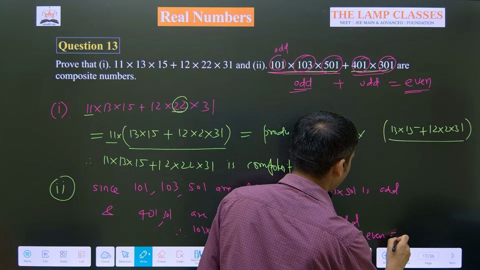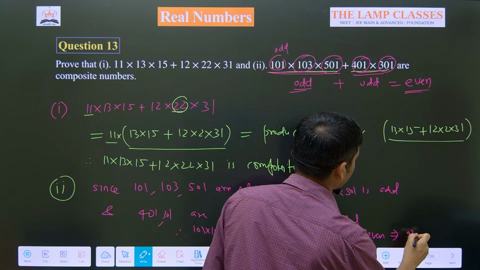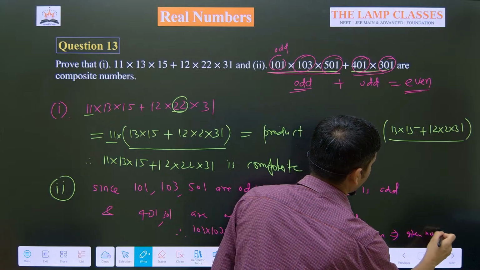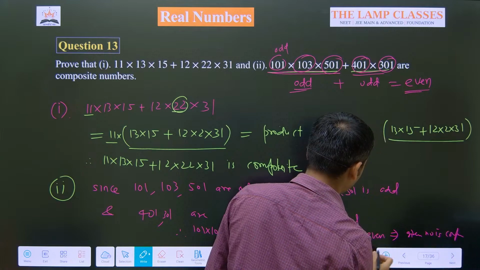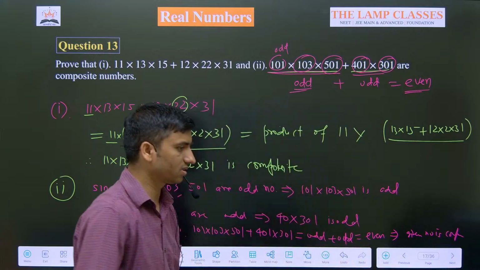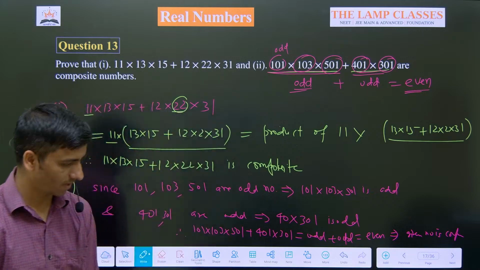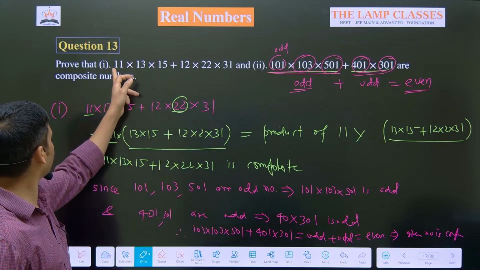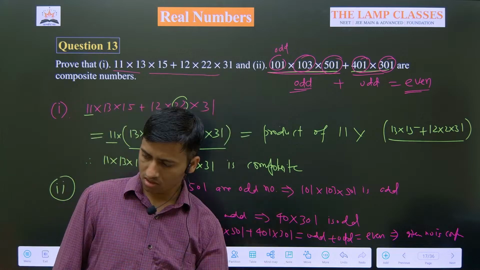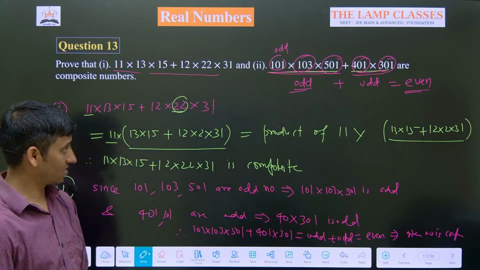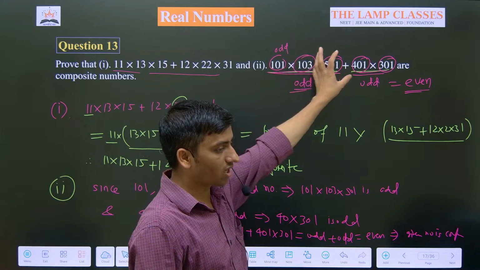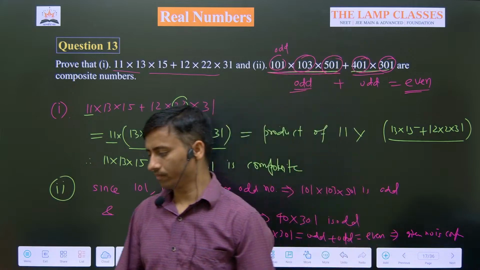Are you getting? That's why the given number is composite. Okay, that definitely this number is greater than 2, right? So this is how I will explain. Though they might ask you a question where something is common in there most of the time in the board exams, but in case they want to test the odd and even numbers concept from you, then we should know this.